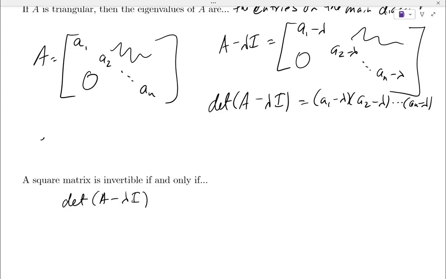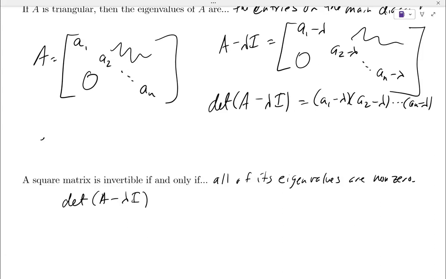Okay. So the theorem is that a square matrix is invertible if and only if all of its eigenvalues are non-zero. So again, let me go through the process we just talked about. If 0 is an eigenvalue, that means the determinant of A minus 0I is 0, or the determinant of A is 0, so the matrix is not invertible, right?